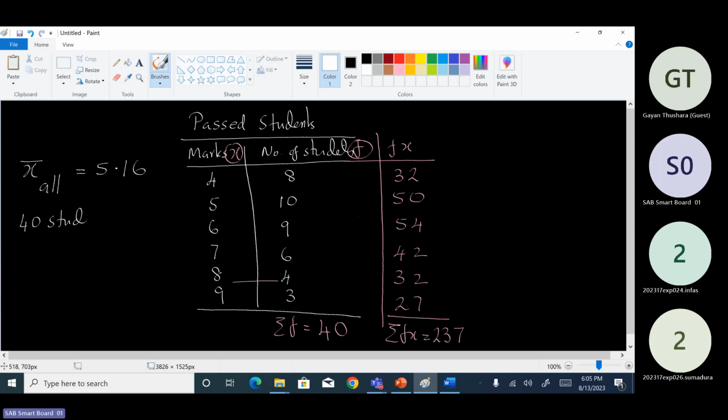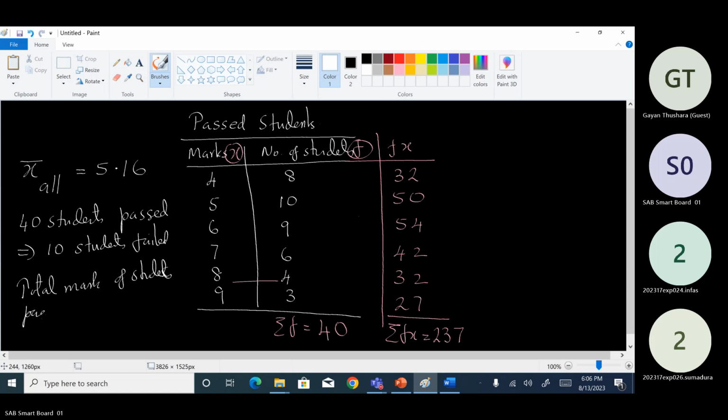That implies how many failed altogether? 50 were there, so 10 students failed. So total marks of students who passed is 237.